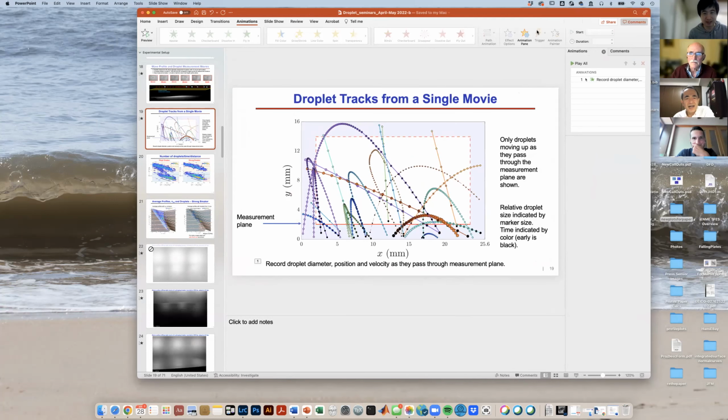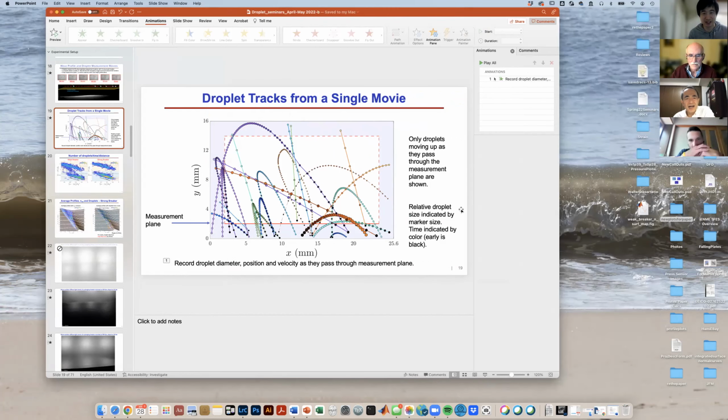Some of the droplets looked like they were going forward first, but from the middle, some of the droplets changed direction and went backward. What is the external force that makes that?